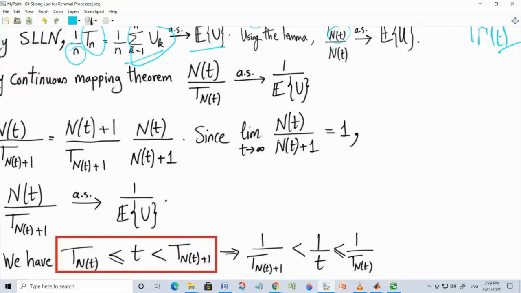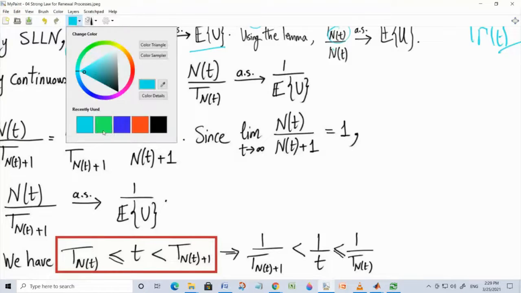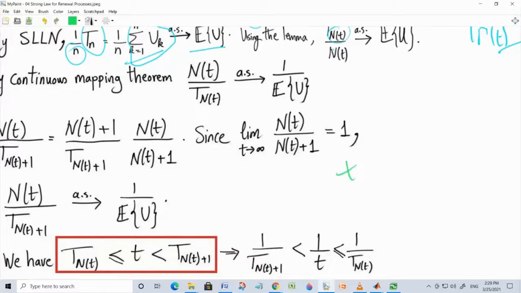Then there is another inequality that looks fishy, but actually it is true if you think about it. Let me copy it from here. It's one of those things in which you have big T and N of t, and N of t itself is a random variable, and it looks messy.